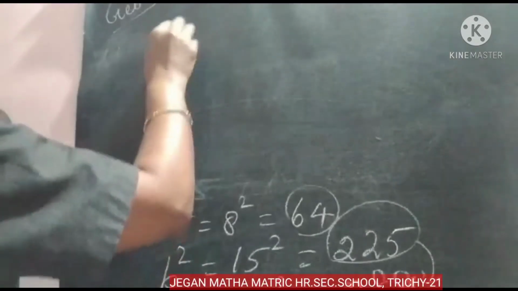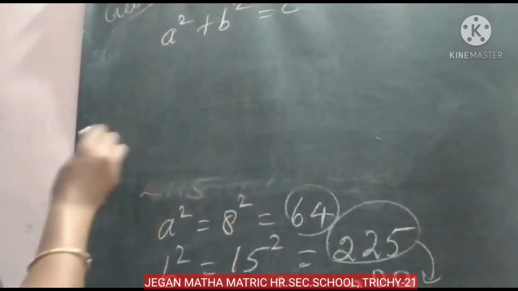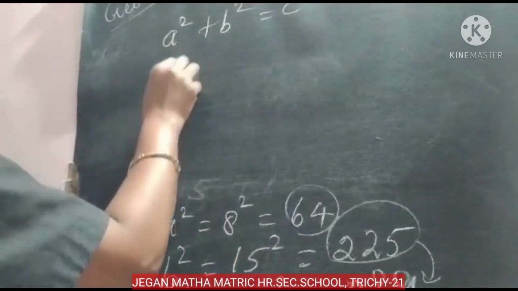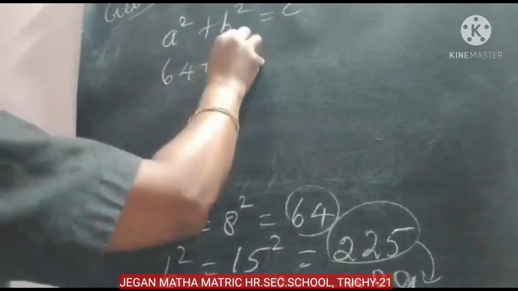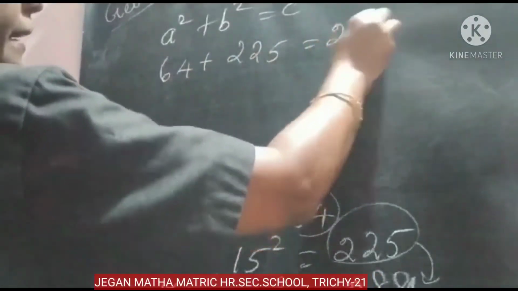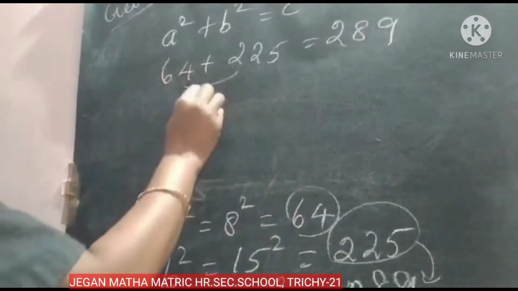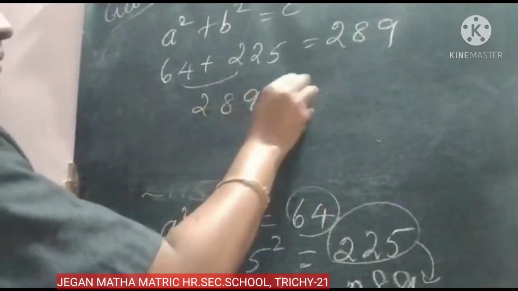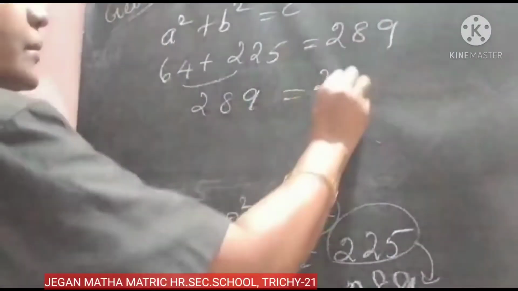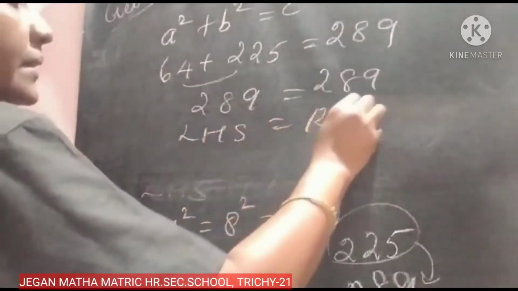Now A square plus B square equal to C square. So A square value is 64 plus B square 225 equal to 289. Now you have to add these two. So the answer is 289 only. So 289 equal to 289, that is LHS equal to RHS.